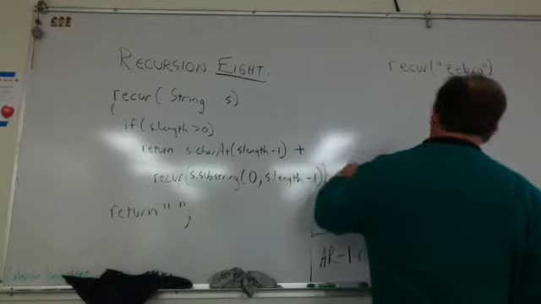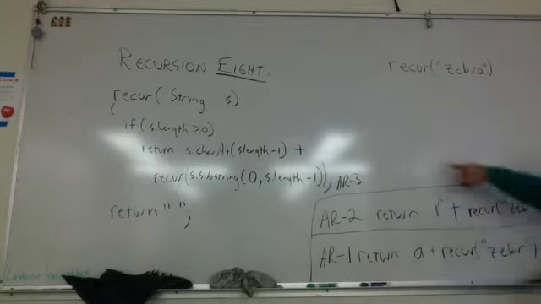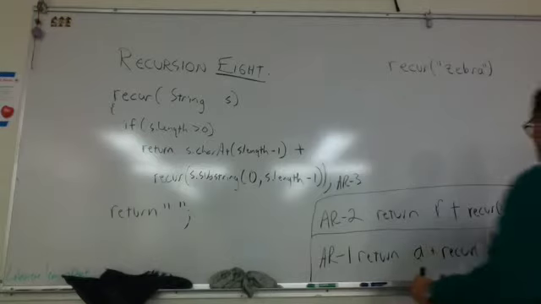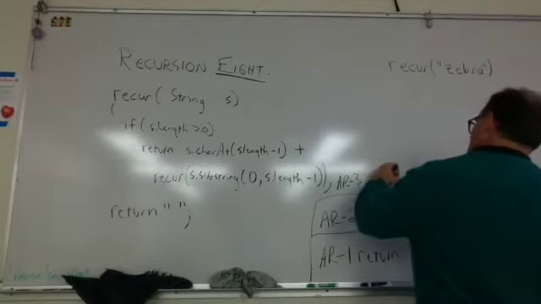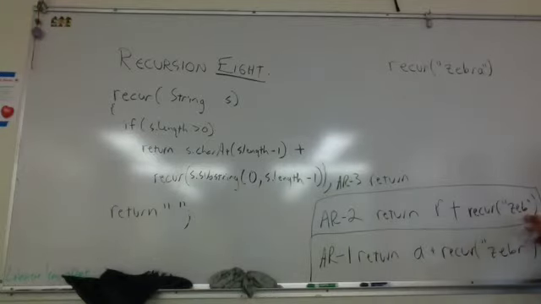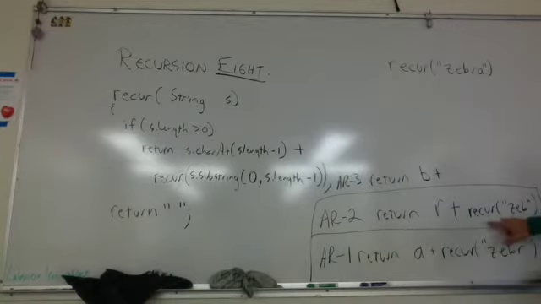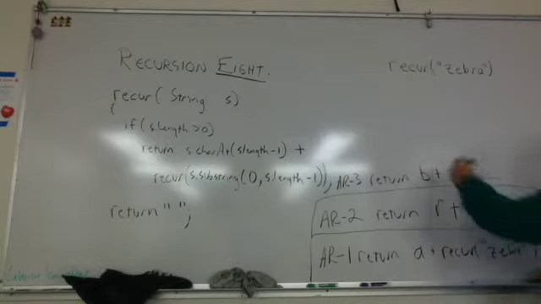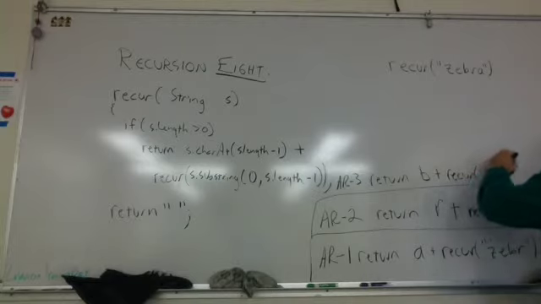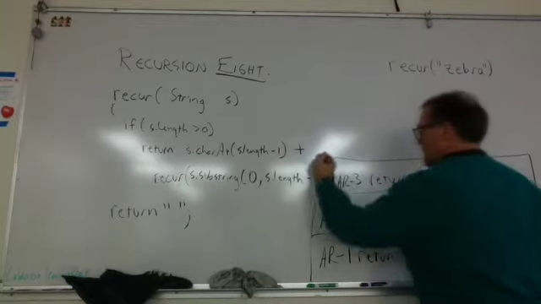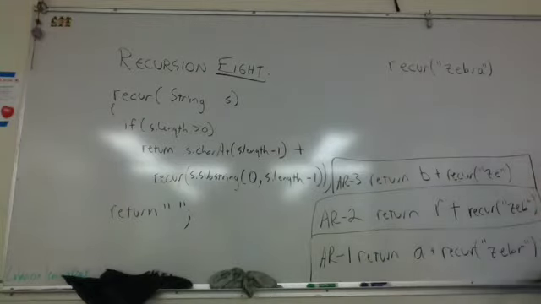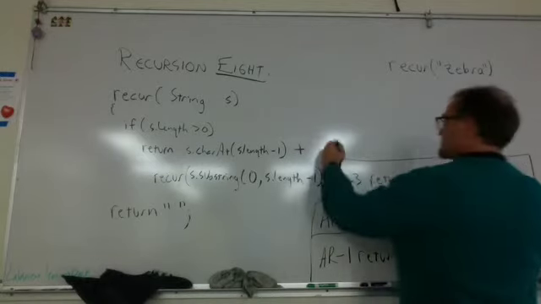Now, since the method recur is called, it gets added to the stack one more time. We are going to return the last character of the string s plus what happens when we recall the substring leaving off the last character. Recur with just ZE. What happens now? You guessed it, we add to the stack this call to the method recur.